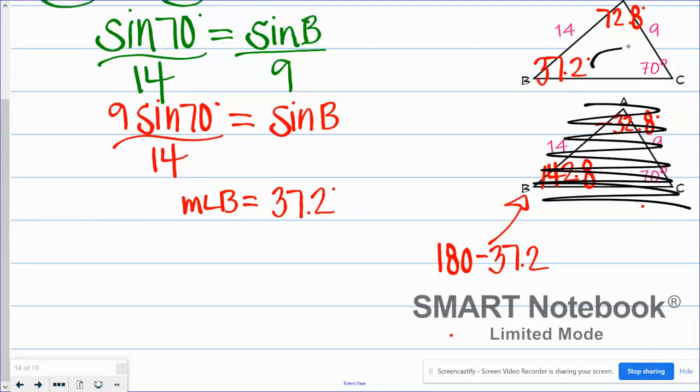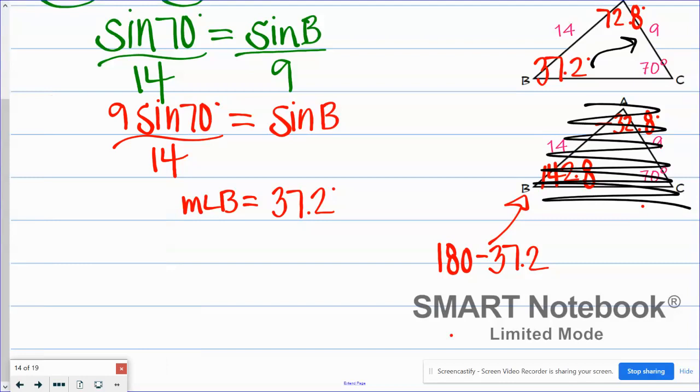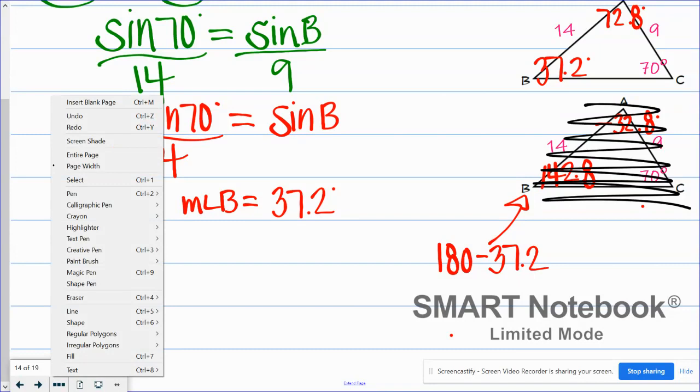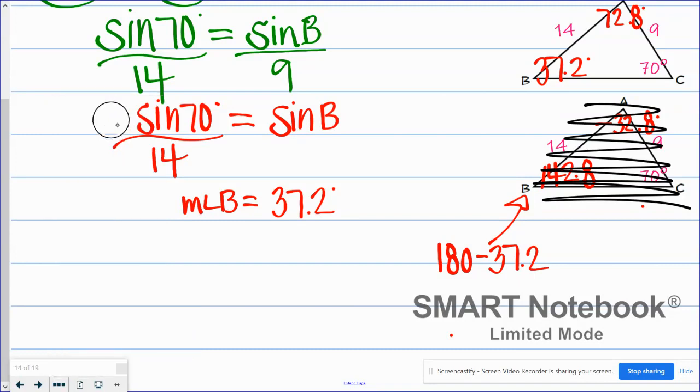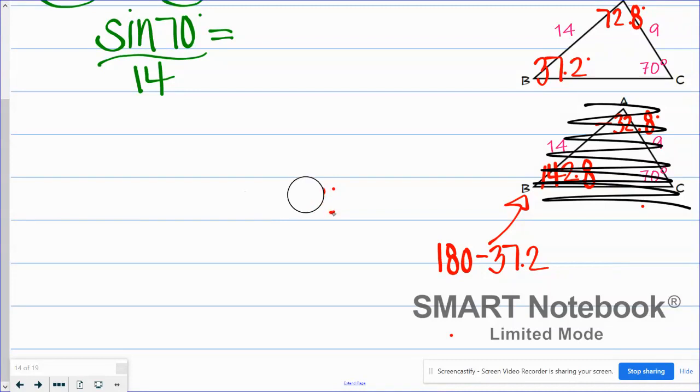I can use that buddy system ratio, but I think I'm going to go with the one that we were given. And we were given the sine of 70 over 14. So I'm just going to use that one more time. Let me just create some space here. But this time I'm going to use it to find side A, because I don't know what side A is.